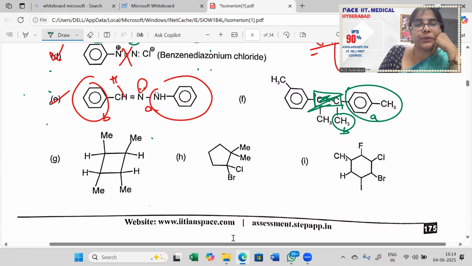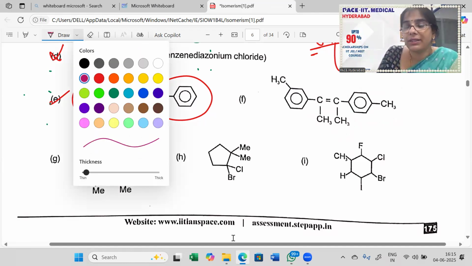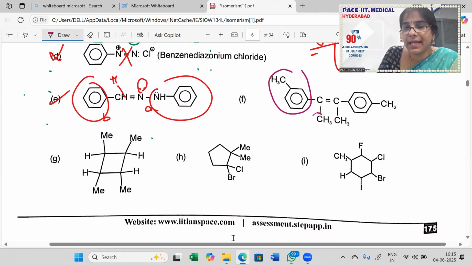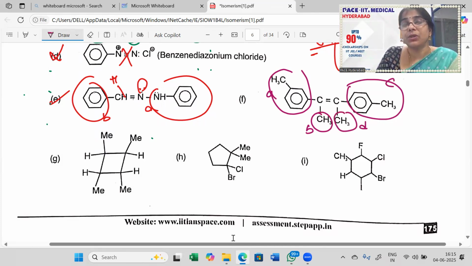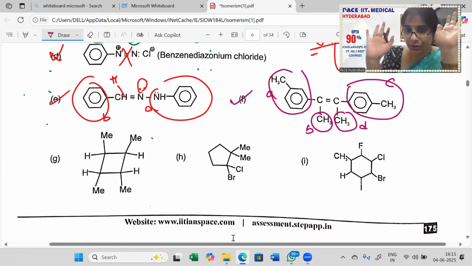Now, if you go up to your option number 4, check out whether we are getting the isomers or not. Yes, A, B, C, D sites and all, check up and see all this. This is my A, this is my B. Okay, and this would be my C, and this would be my D. So this also will show. See, on the restricted side, two things should be different. That's the only thing.